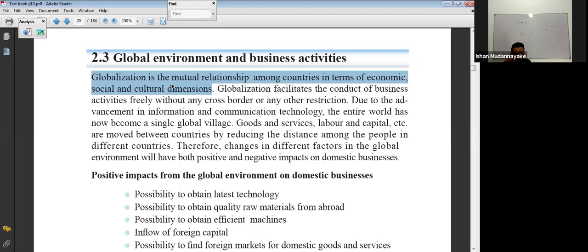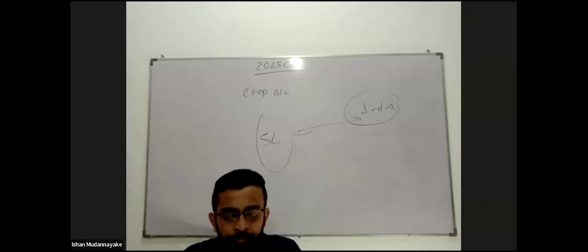Lamai, please write down this answer for your question. Okay, your question is, what is globalization? For that, please write down this answer.